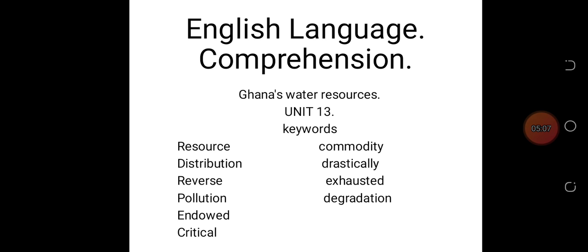Now let's look at pollution. I think this word, we've come across it in some other subjects. Pollute, to pollute. Pollution is the action or process of making land, water, air, etc. dirty and not safe or suitable to use.